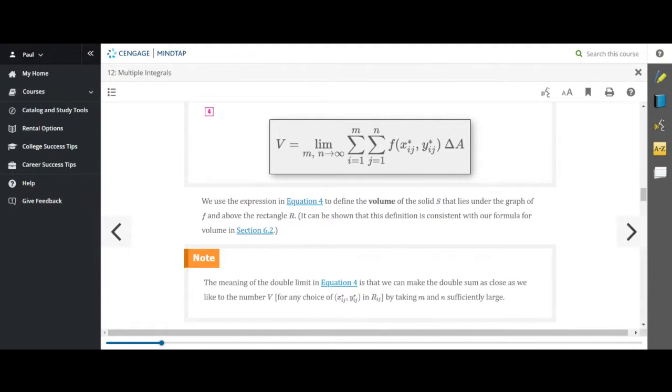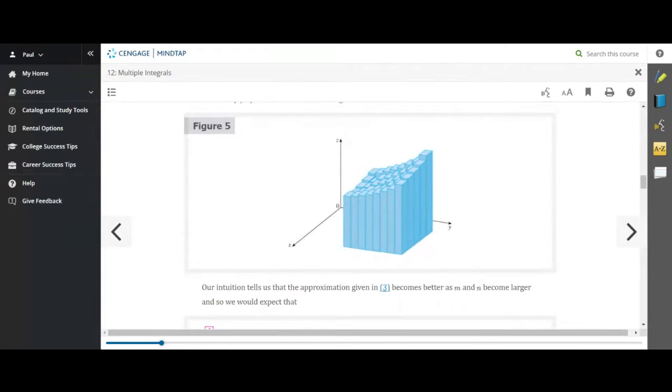And this limit is going to turn into a double integral. By the way, there's a picture where they have a bunch of boxes.